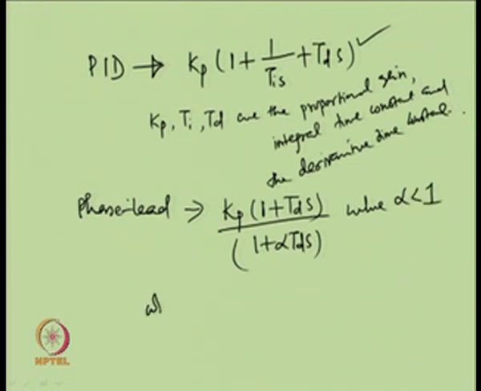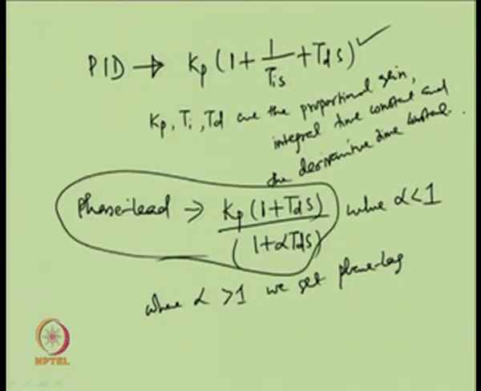When alpha is greater than 1, we get phase lag action from the controller. So, this gives us the transfer function of a phase lead controller.